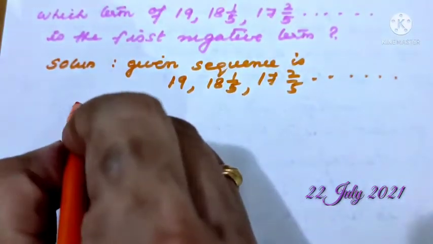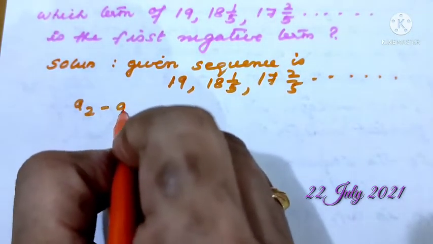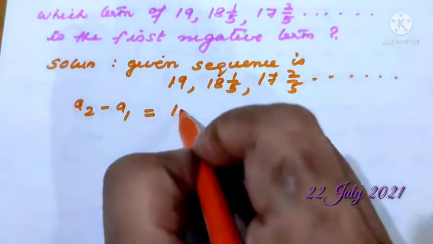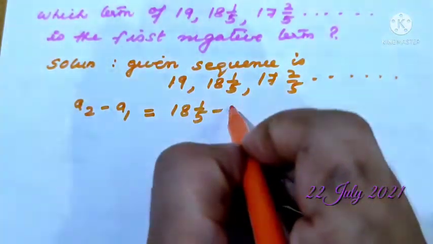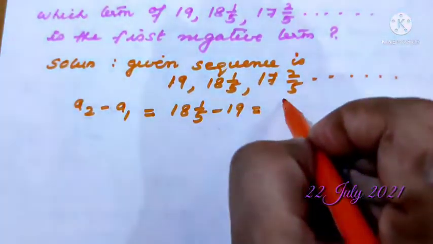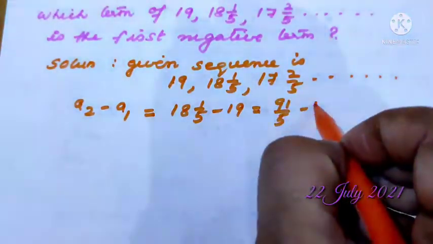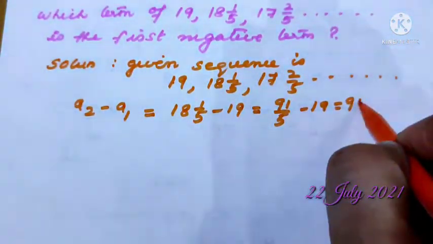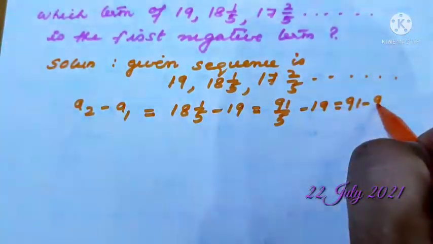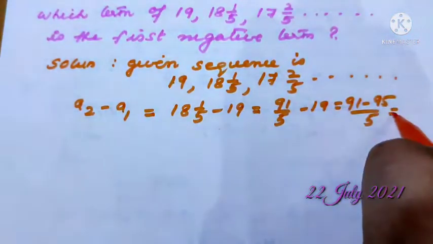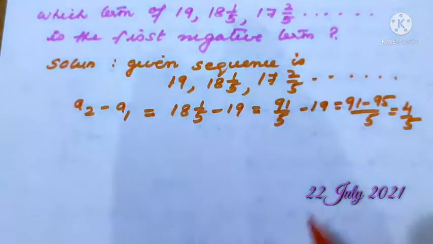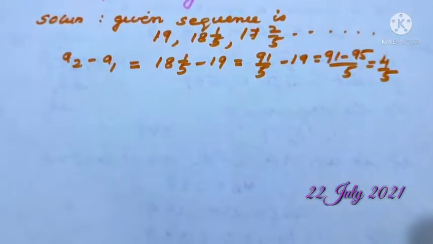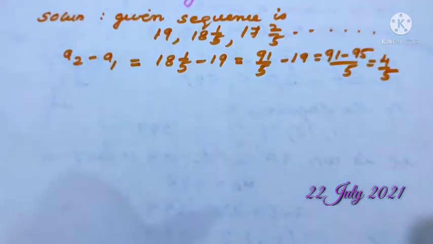Now A2 minus A1, the common difference, we should check. 18 integer 1 by 5 minus 19, that is 91 by 5 minus 19. Taking the LCM, 91 minus 95 by 5 is equal to minus 4 by 5.